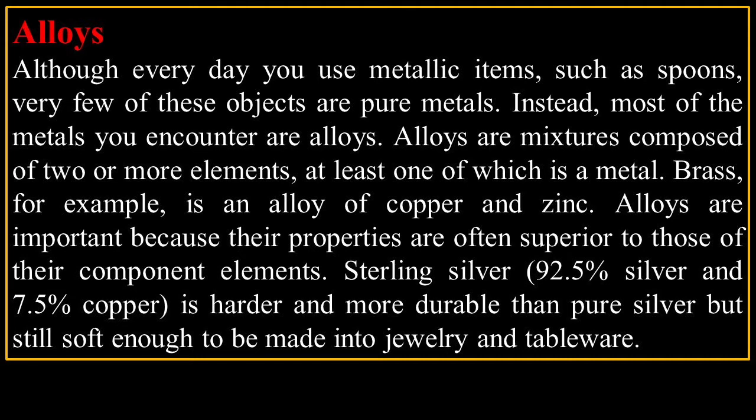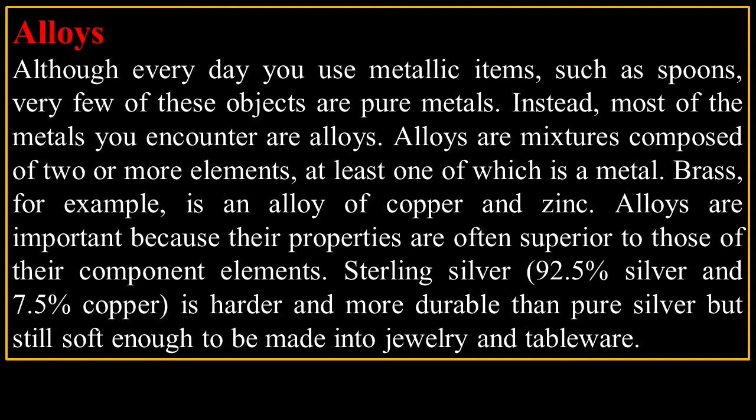Alloys. Although every day you use metallic items such as spoons, very few of these objects are pure metals. Instead, most of the metals you encounter are alloys. Alloys are mixtures composed of two or more elements, at least one of which is a metal. Brass, for example, is an alloy of copper and zinc.